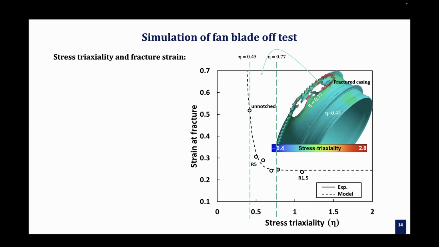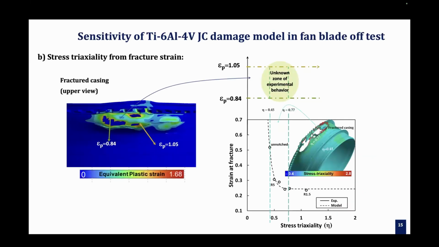This identification really is not so important for our model, but maybe it could be for the blade. And now if we compare, this is the zone of interest. In this zone, we really need to perform the testing to predict the damage in a turbofan case.